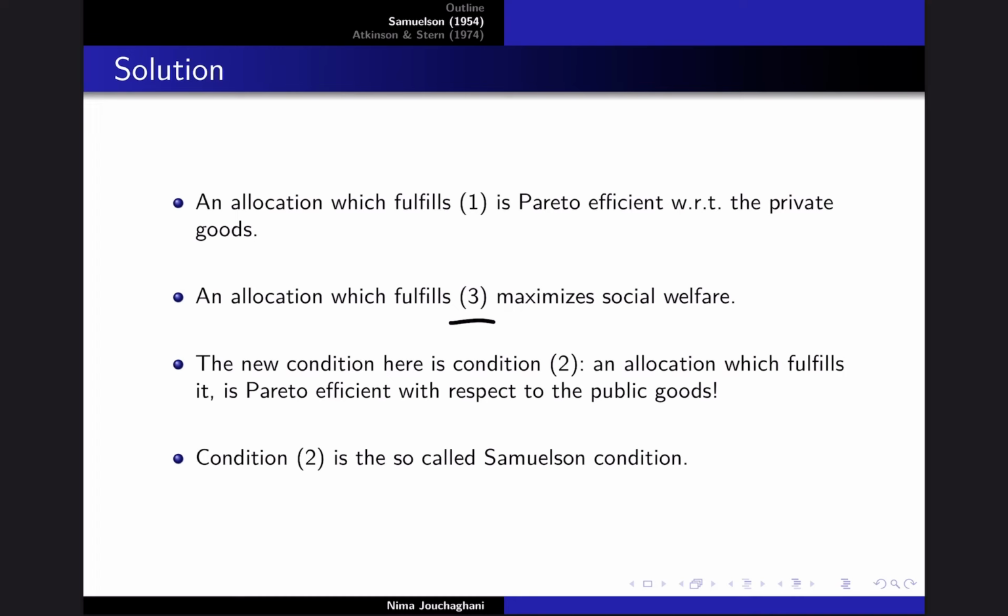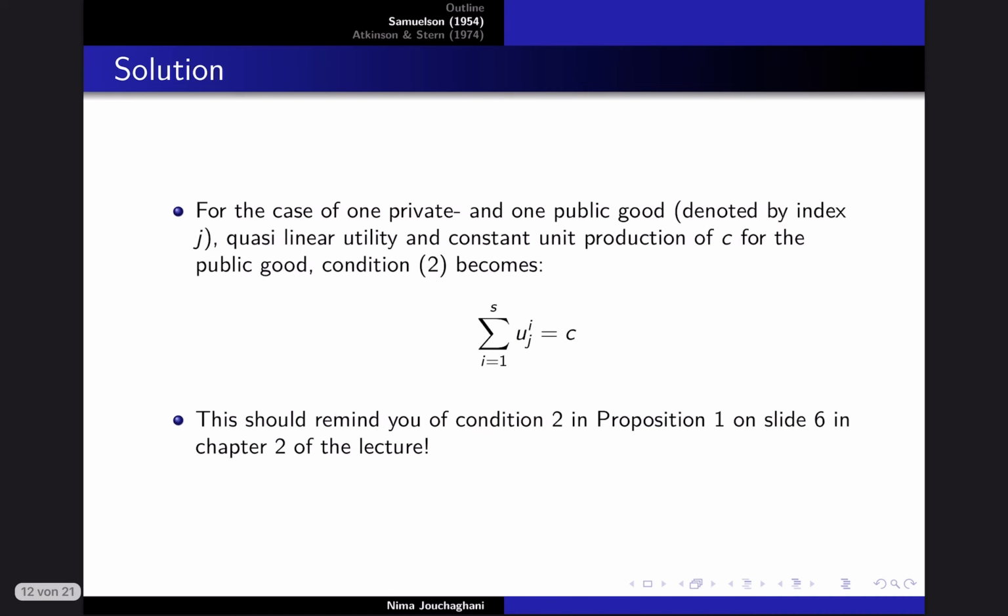And condition 2 is actually the so-called Samuelson condition. I will show you how it links to what you saw in proposition 1 on the lecture slides. If we have one private good and one public good, and we denote the public good with the index J, and we have quasi-linear utility, which means the private good is the numeraire good and flows linearly into the utility, while the utility of the public good can be a concave or convex or whatever function.